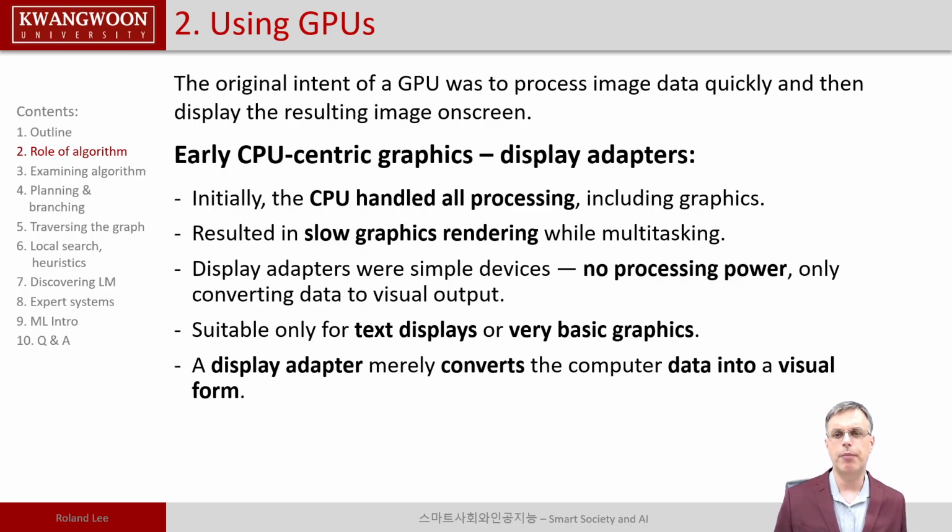A display adapter merely converts the computer data into a visual form. In fact, using just one processor proved almost impossible after the PC moved past text-only displays or extremely simple 16-color graphics. However, GPUs did not make many inroads into computing until people began wanting 3D output. At this point, a combination of CPU and a display adapter simply could not do the job any longer.